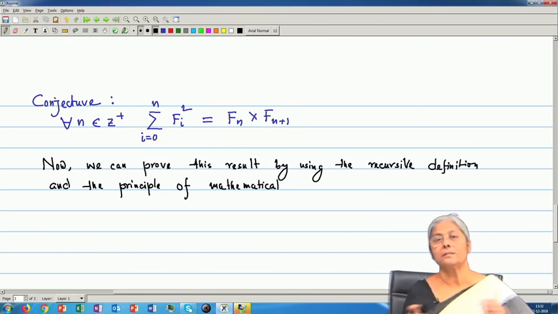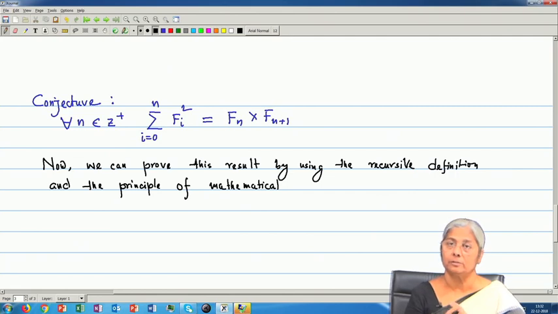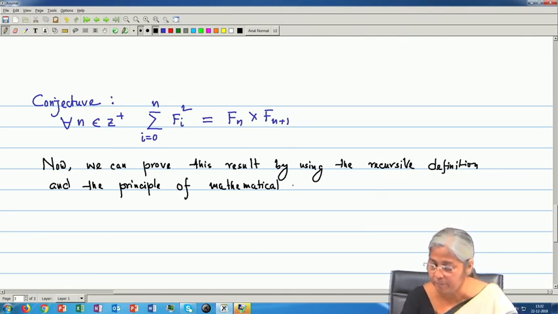As in the last lecture we have described, the recursive definition is closely related with mathematical induction, because the recursive rule is framed from the concept of mathematical induction.